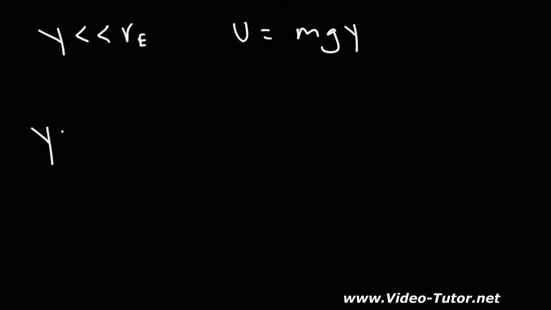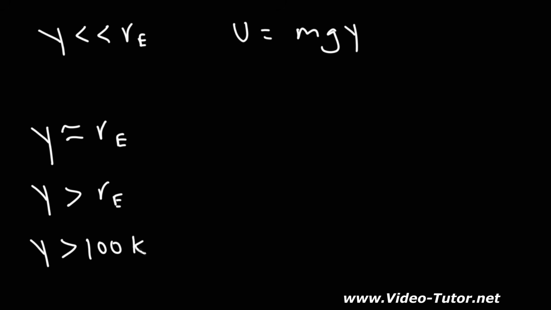If y is somewhere close to the radius of the Earth, or even if it's greater than the radius of the Earth, let's say if you're dealing with numbers like, just to be on the safe side, above 100 kilometers, which is 100,000 meters, in situations like this, you need to use this formula to get the answer.